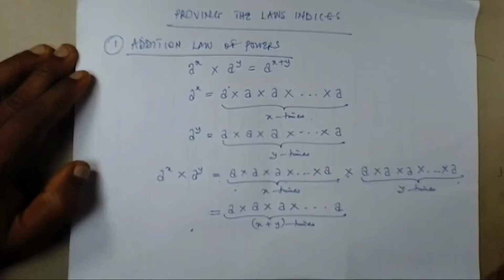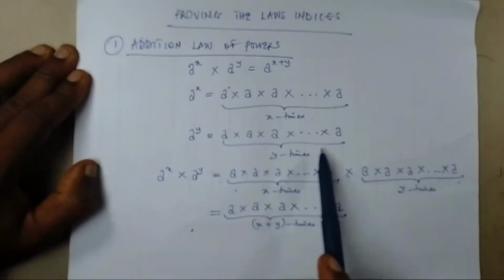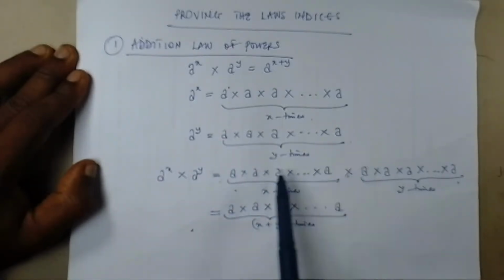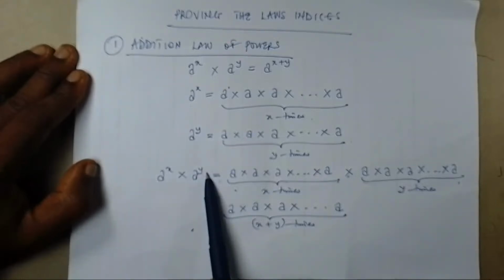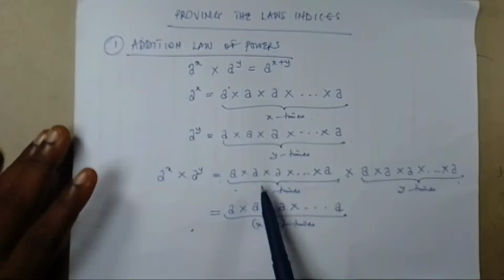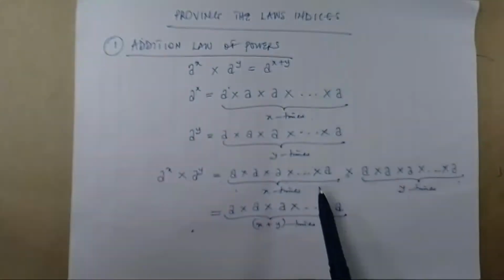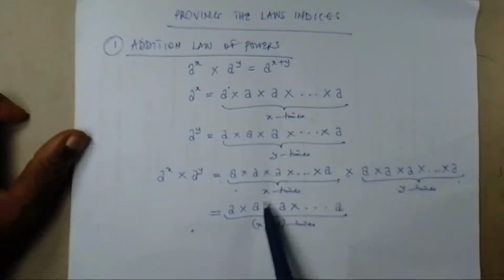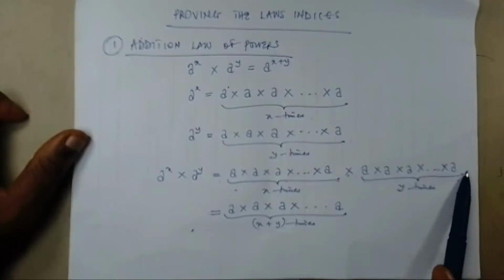In that multiplication, it also goes for a raised to power y, that there are y a's. So now if you multiply a raised to power x by a raised to power y, it is going to give you a times a times a times a, x times, multiplied by a times a times a times a, y times.